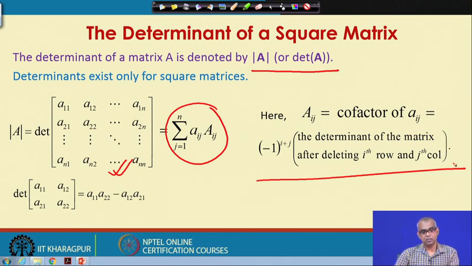So, let us consider, I want to find out the cofactor of the element A21. What I will do is delete the row and column containing element A21.